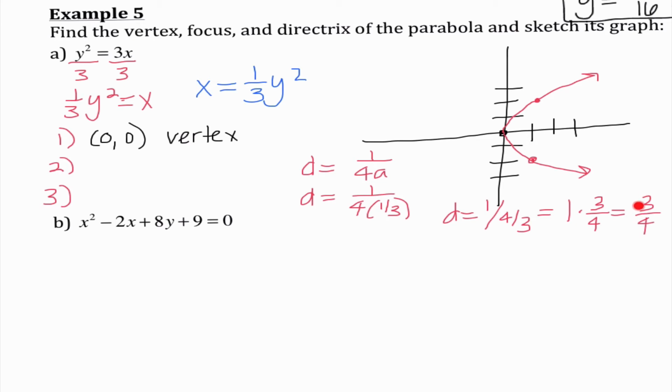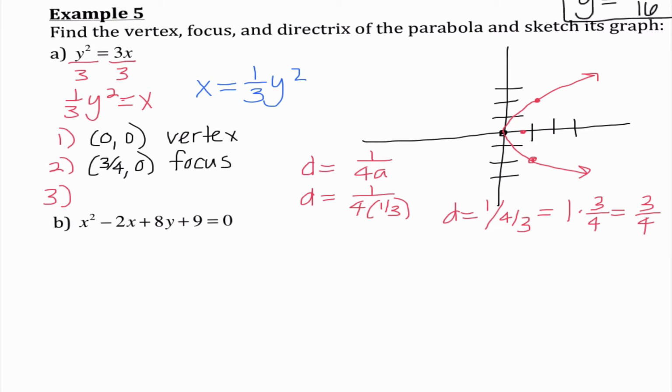So this is how far away both the directrix and the focus are going to be from the vertex. Since this is going to the right, and the focus is always inside the parabola, I have to move over 3/4. So we get an ordered pair of 3/4, 0 as our focus.